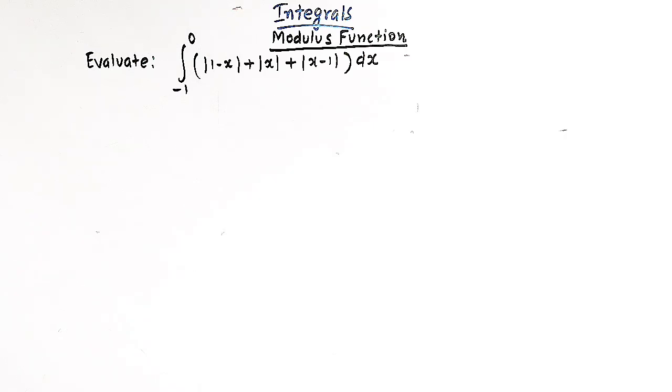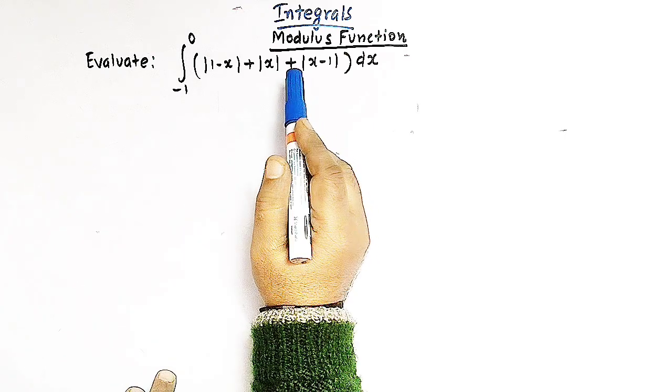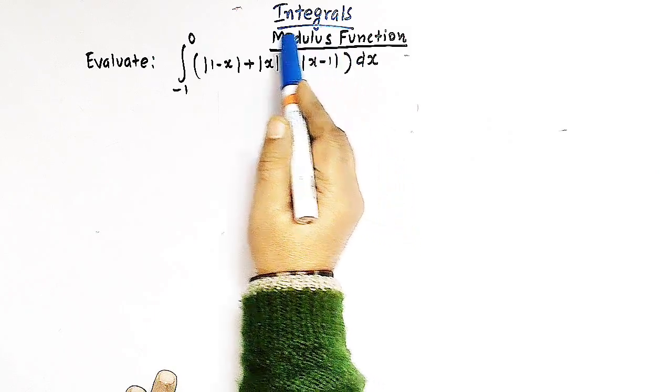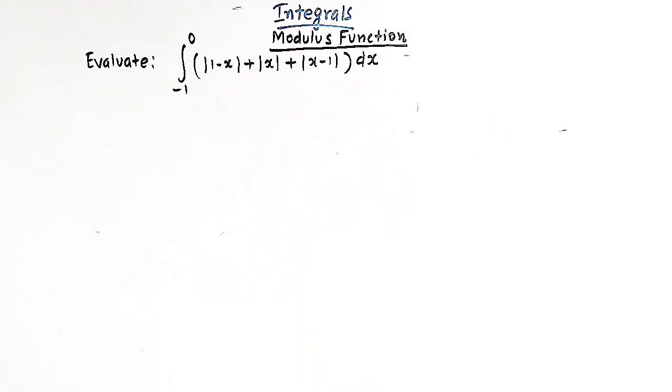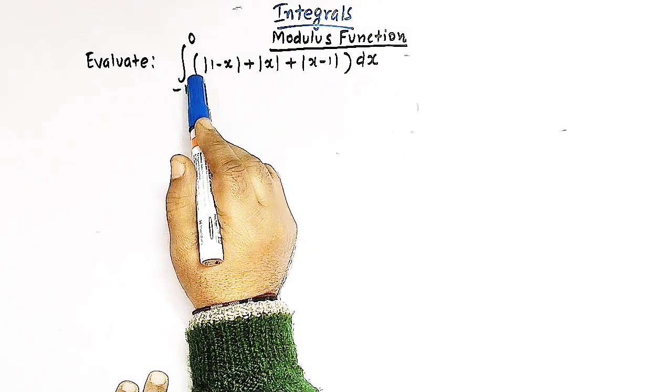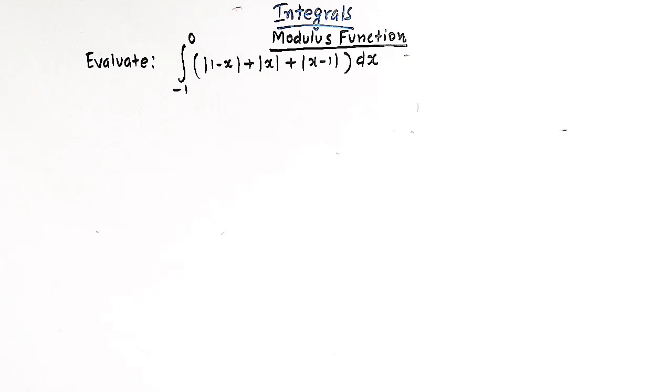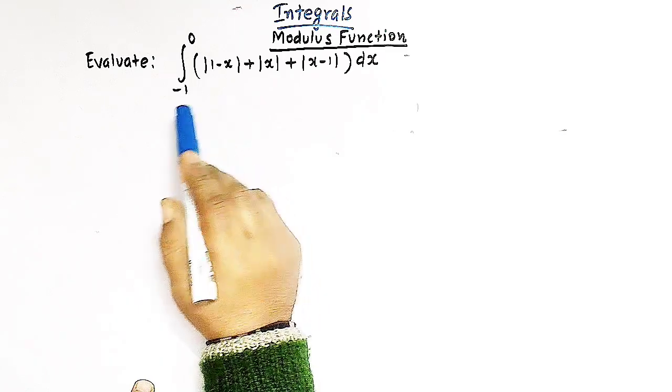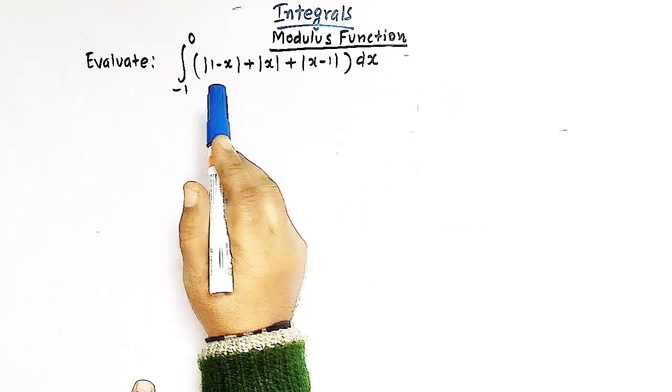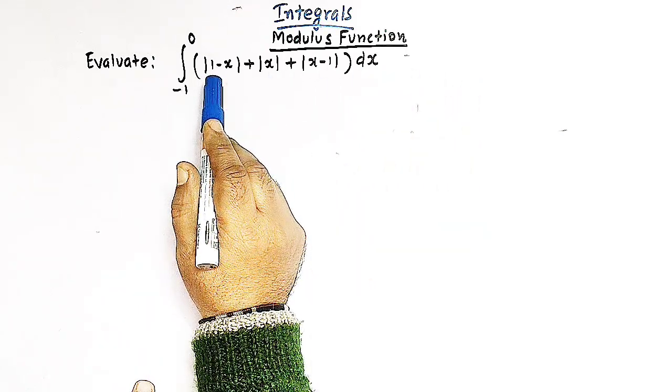of definition of mod function, right? So here the definition of mod function is going to play an important role in evaluation of this integral, right? So let us first see the definition of mod function, and then we'll apply the definition to this integral, right?